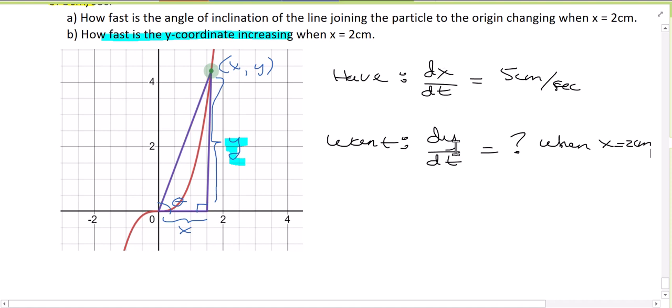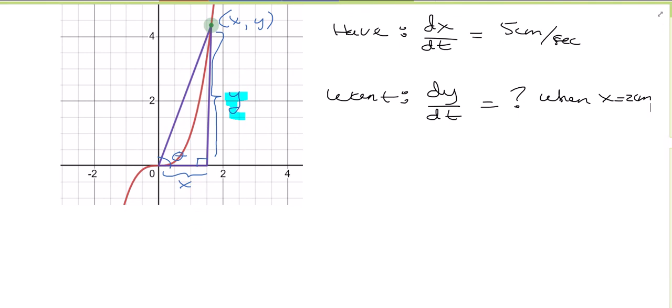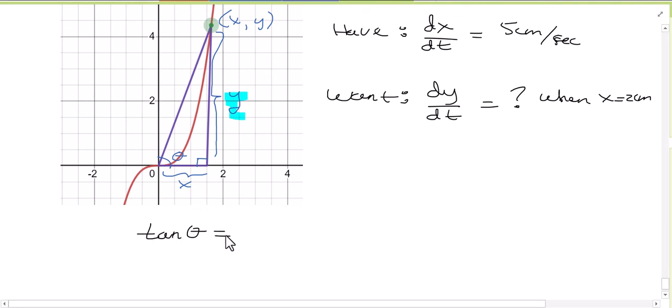So x and y. So I have x and y. I don't necessarily want to involve the hypotenuse again because I don't know anything about the hypotenuse. From part A, I do know theta, so we're just going to use the same expression from before. I know that tangent of theta is equal to y over x.